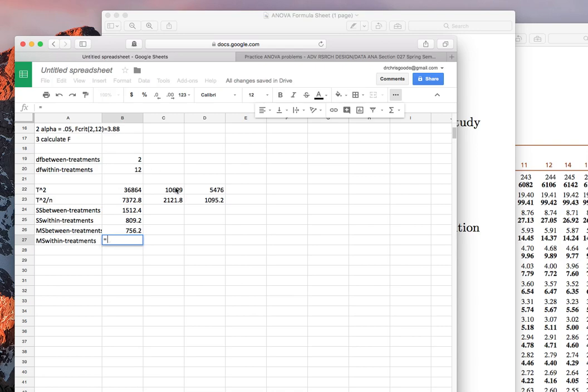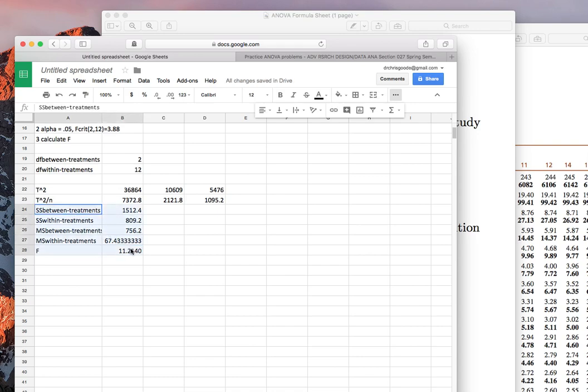So now we've got 756.2 over 67, and F is just mean squared between divided by mean squared within. Let's fix that. F is mean squared between over mean squared within. F is pretty big. It's over 10, and that's okay.